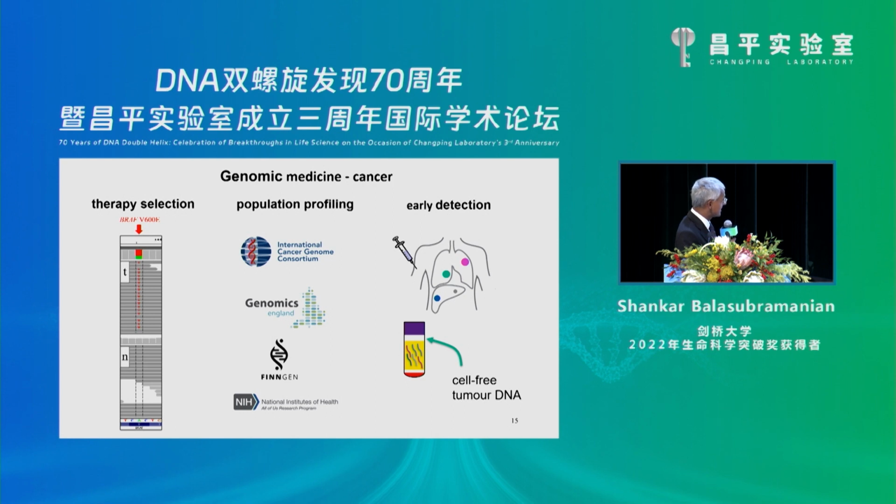This is international. This is the UK, Finland, and the US, just as examples of sequencing. This project is in conjunction with the NHS, the state-funded healthcare system of the UK, and has sequenced many patients across oncology, infectious diseases, and also rare diseases.